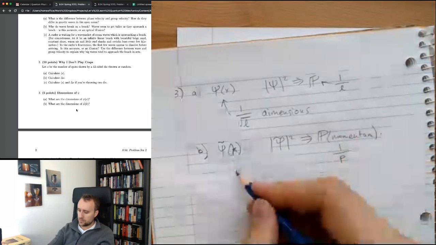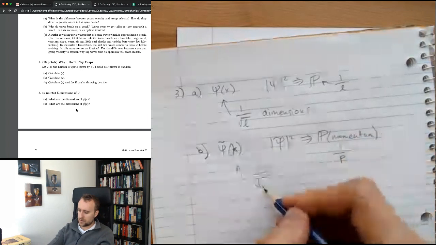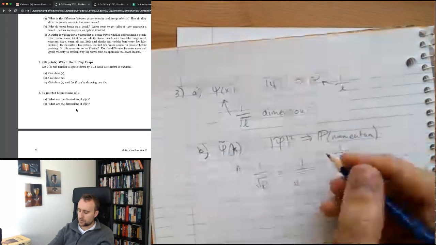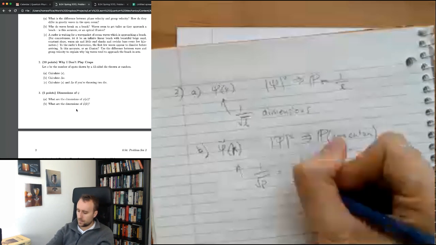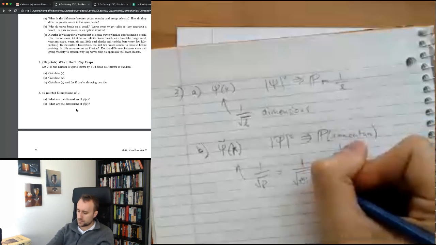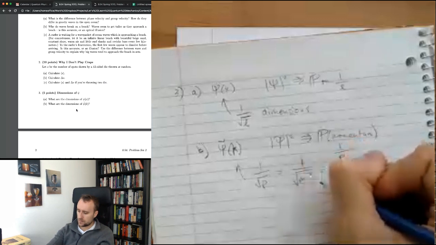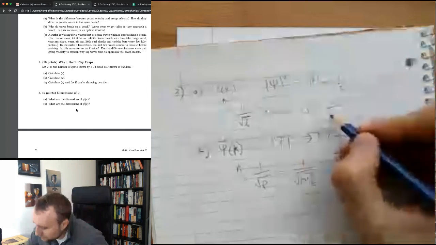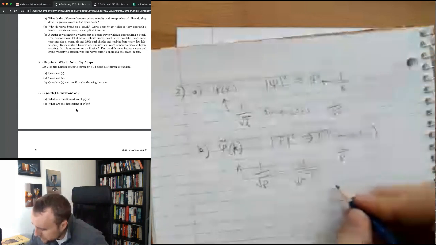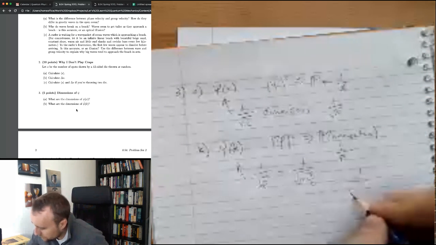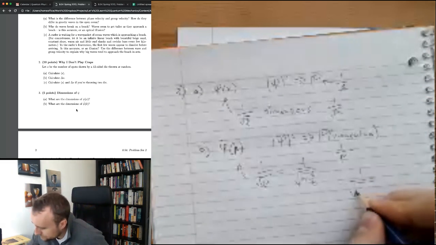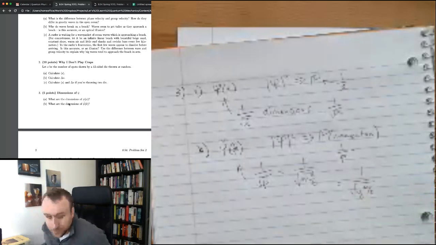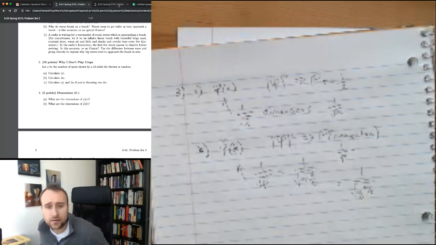So that would lead this to be 1 over square root of p, 1 over square root of mass times length over time. So if they wanted in units, this would be 1 over square root of kg meters per second. Let's see if my intuition is right here.